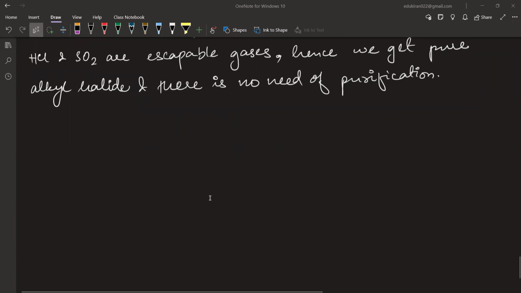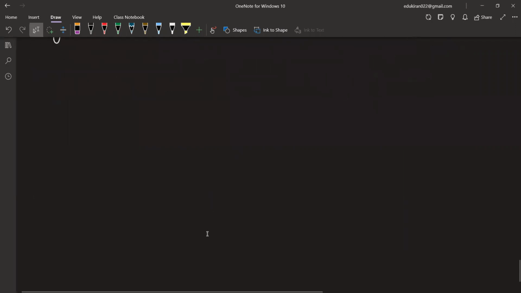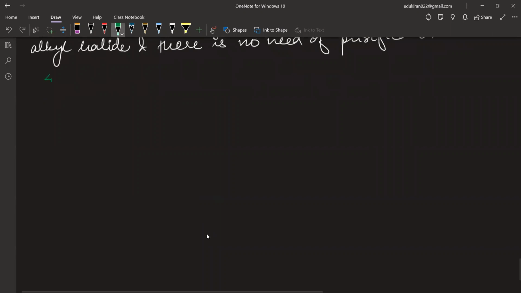Write the last one, using NaBr in the presence of H2SO4. In this case, it is a very easy reaction.